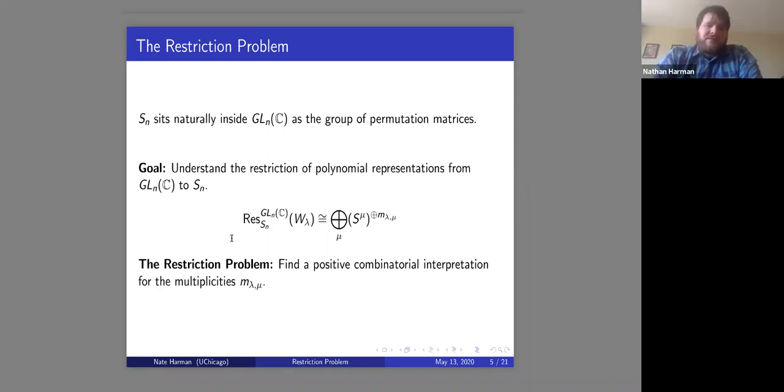Even the weaker question of understanding exactly when these m lambda mu's are non-zero is also a question that we don't understand. You can give some conditions, but it's hard. Thank you.